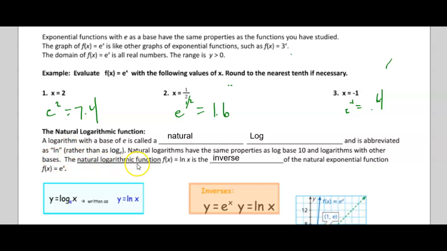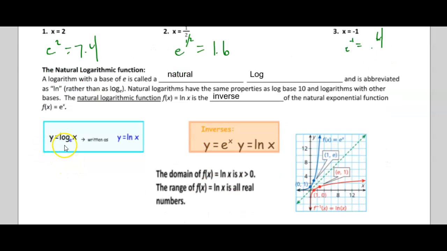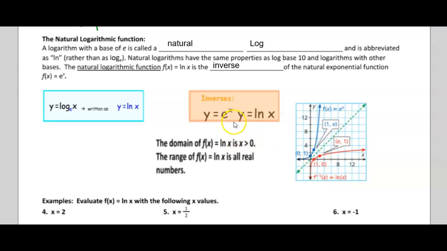The natural logarithm, f of x equals ln of x, is the inverse of the exponential function f of x equals e to the x. So y equals log base e of x is written as natural log of x. They're inverses. y equals e to the x is the inverse of y equals ln of x.